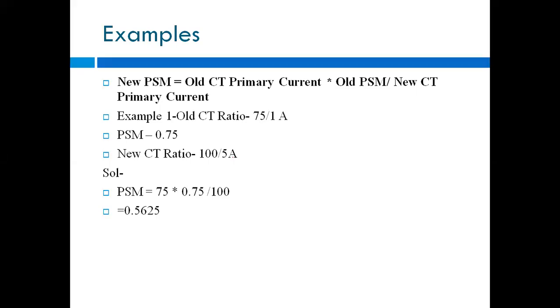The formula is: new PSM is equal to old CT primary current into old PSM divided by new CT primary current. Simply, you can take the ratios of PSM and CT current ratios.